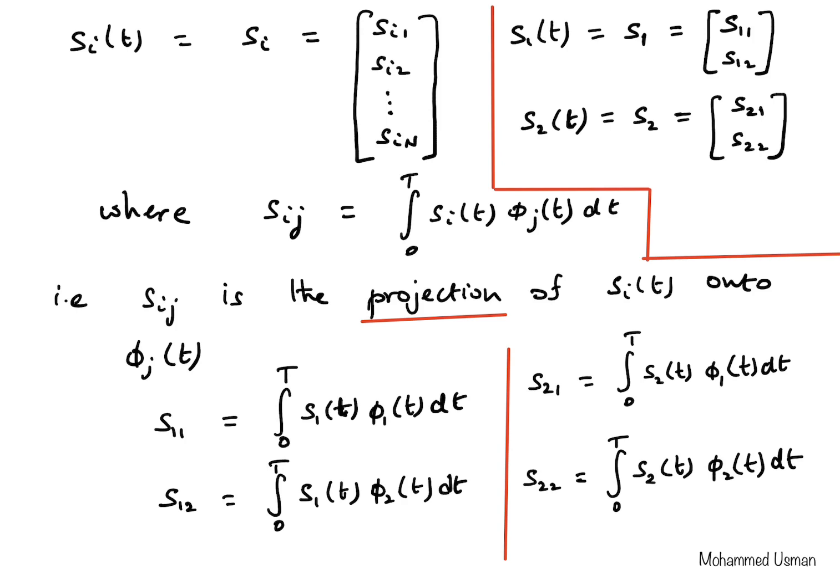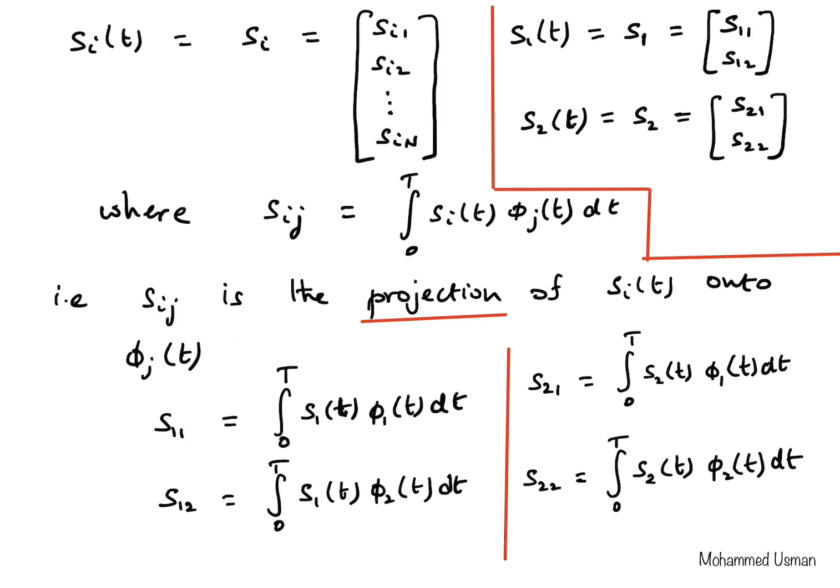Okay, so we are basically now representing the signals as vectors, and the size or length of the vector depends on the dimensions of the space in which it is represented. I'm just giving here an example for a two-dimensional space. So each signal is represented as a vector in a two-dimensional space here, and the elements of those vectors are given by these equations, which are nothing but the projection of the signal onto the basis functions phi j of t.